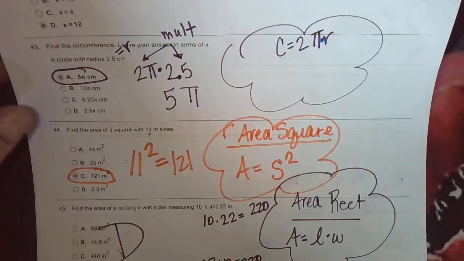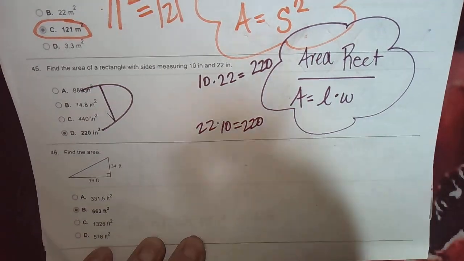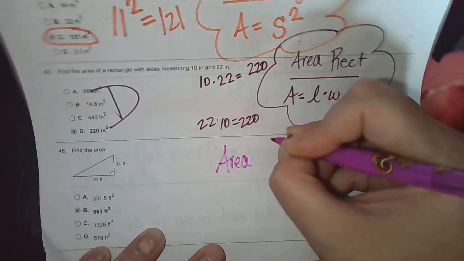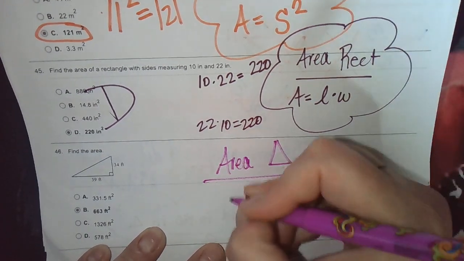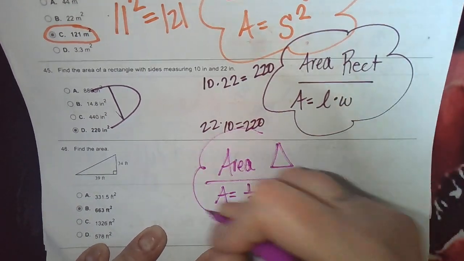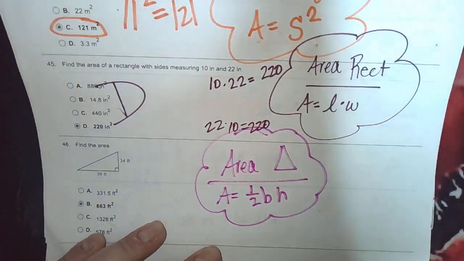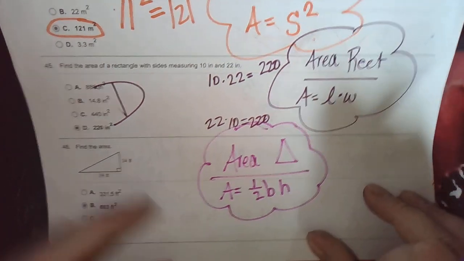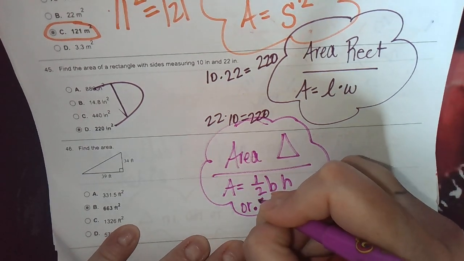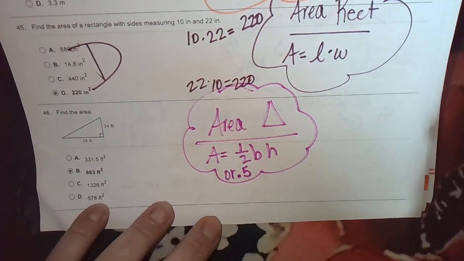Alright. Let's look at 46. I would write this on your cheat sheet. Area of a triangle. It's A equals 1/2 base times height. So we're going to have 1/2, and if you want to, you can use 0.5 instead. It'll probably make you feel better.